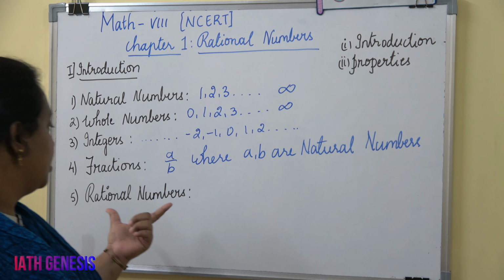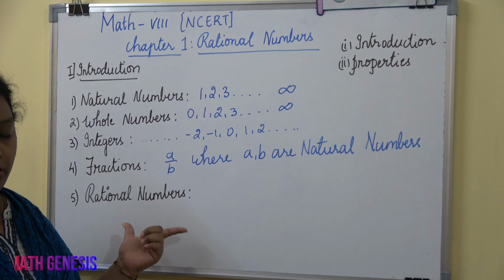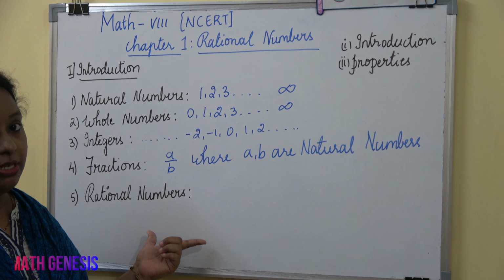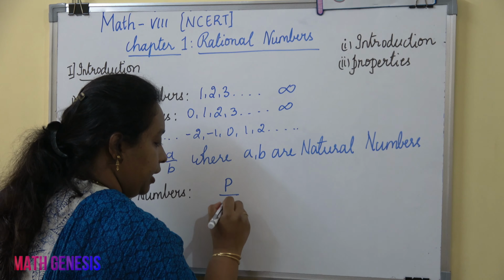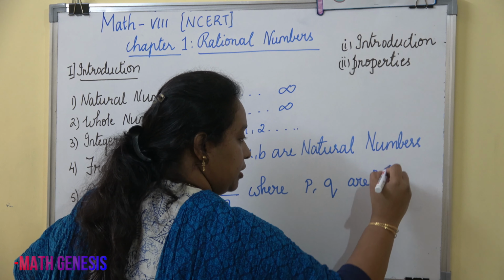Next comes the rational numbers. Rational numbers are those numbers which are in the form p by q, where p, q are integers.